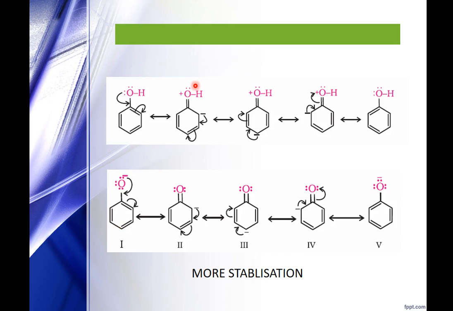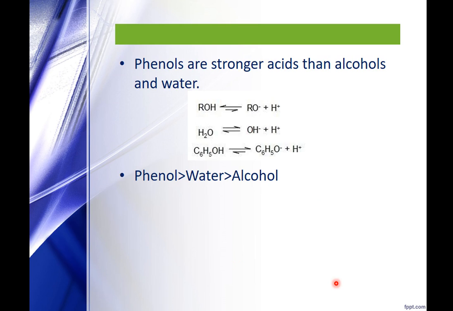In case of phenol, you can see charge separation, due to which the phenol molecule is less stable. So that's why we can say phenols are much more acidic than alcohols.